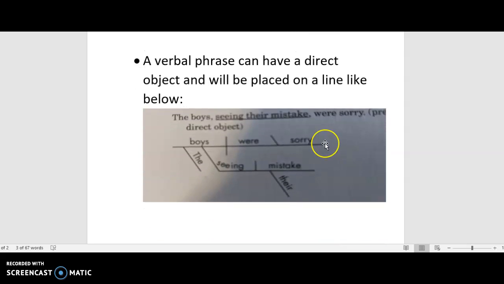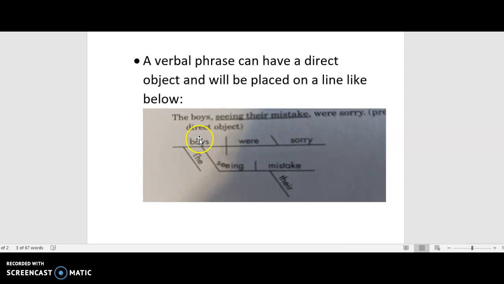A verbal phrase can have a direct object and is going to be placed on a line like below. I pulled up an example here because sometimes when you put all these words together, it's hard to imagine in your head what's going on. So if you look at this example, the boys seeing their mistake were sorry.